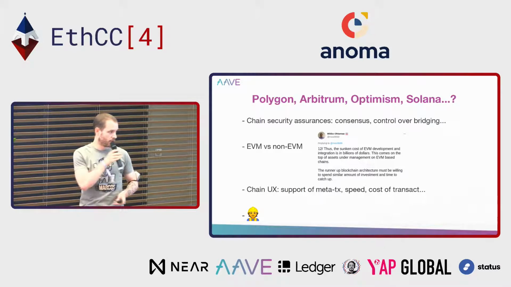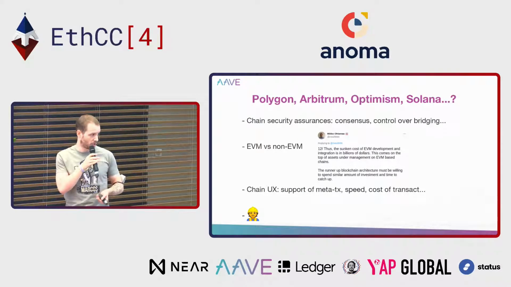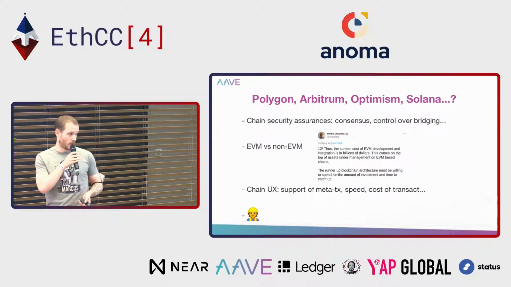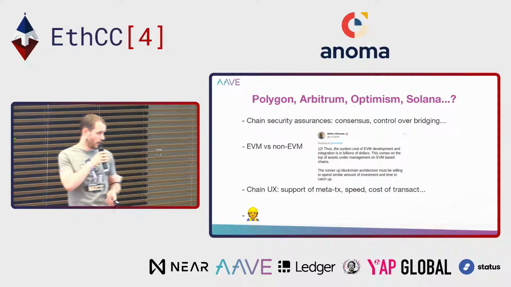So, for example, support of meta transactions is a cool feature because it allows developers to do interesting things there. Obviously, the speed of the chain maybe is not so important in some cases. At least not critical, but it is a good point.